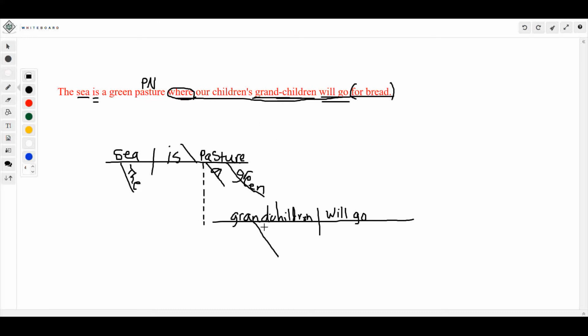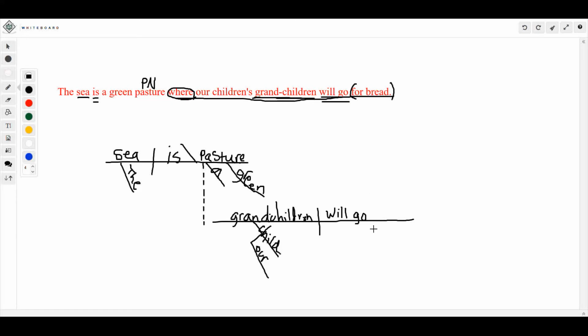So I'm just going to put child. Okay, that's children's. Now, our is a pronoun acting as an adjective telling whose children's. So it actually comes off of here. Our wouldn't go under grandchildren because it's actually saying our children's grandchildren. So that's why our would come off of child and not grandchildren.